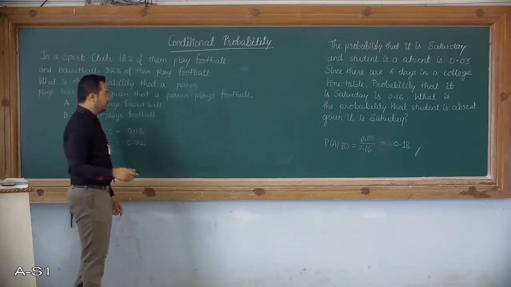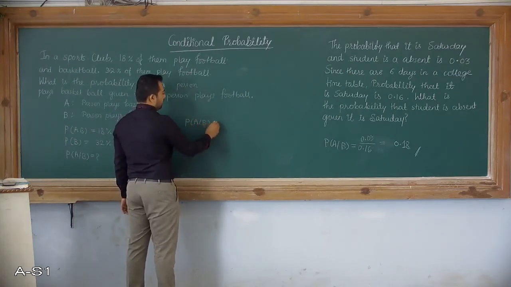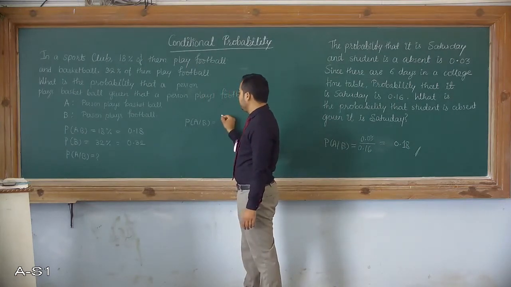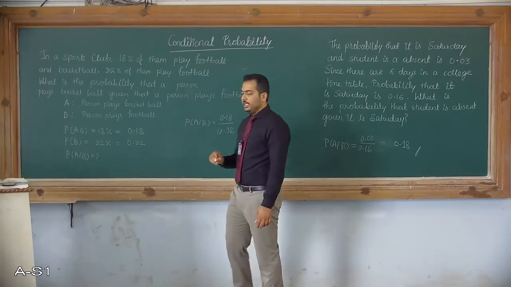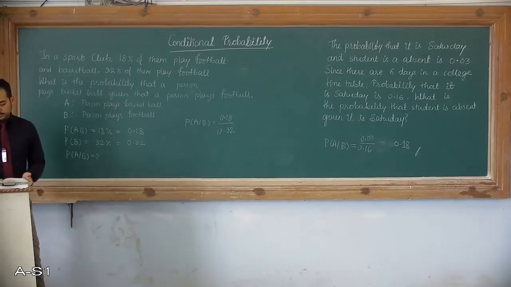As per our formula, the probability of A when B is given is the probability of AB together, 0.18, divided by the probability of B, 0.32.